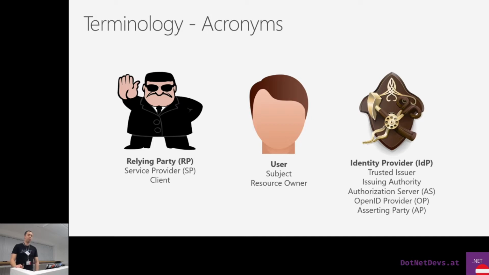So when you walk across things like the resource owner credentials flow, it's the user. Also, the relying party is usually called a client, especially when you're doing OAuth. So client really means our application. So if you have client credentials or something, it's a secret of your application. And there are also lots of acronyms for the identity provider.